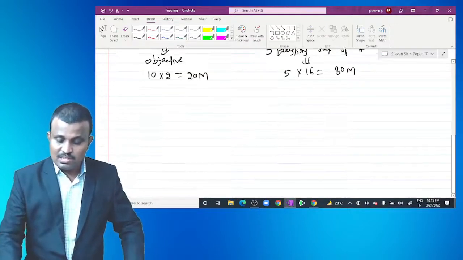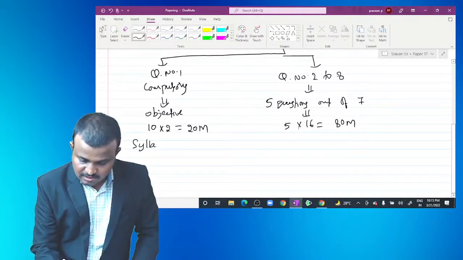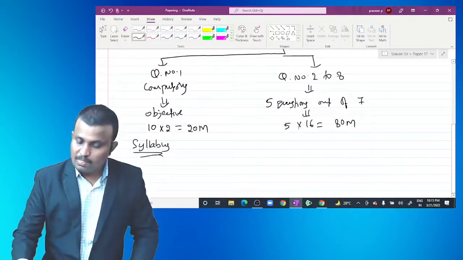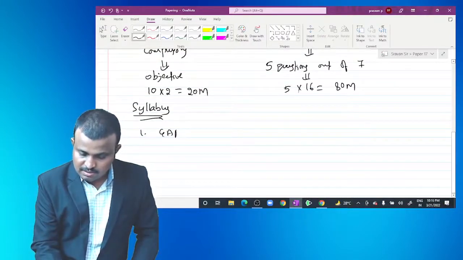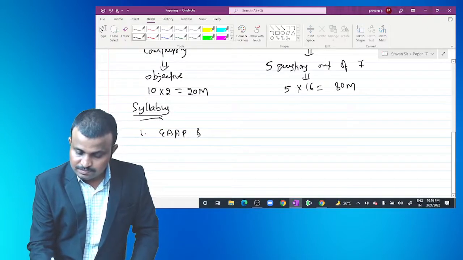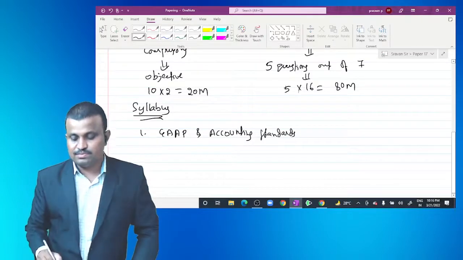Then coming to the syllabus. The first one is GAAP and accounting standards.